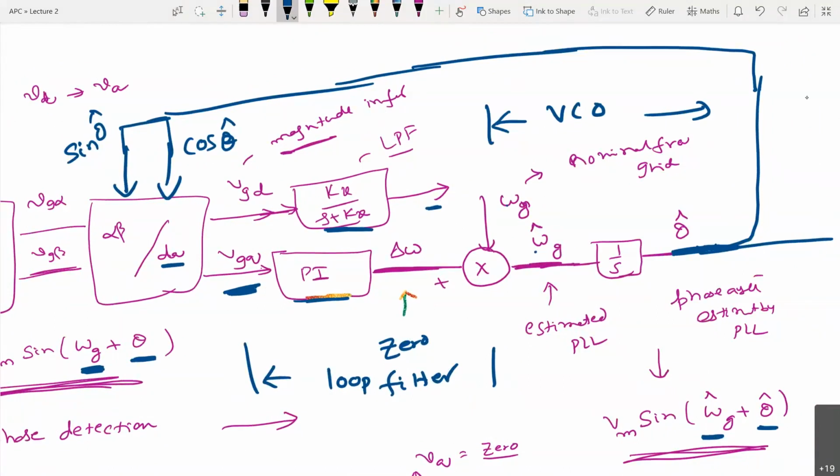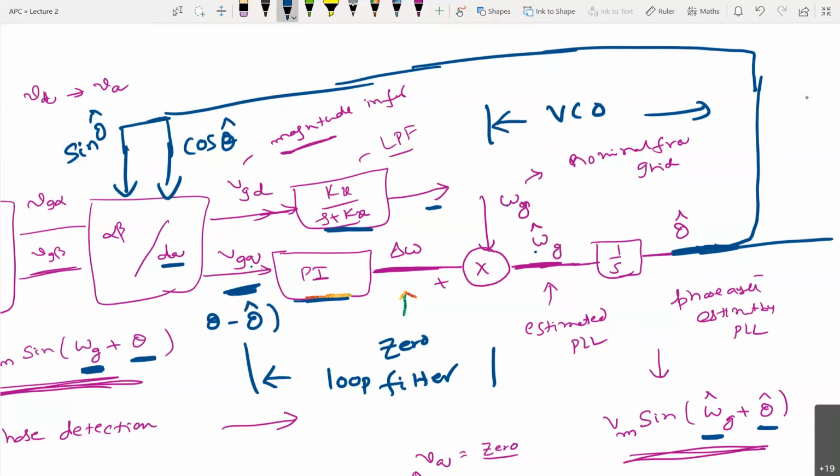That gives you the phase magnitude, either in peak form or in RMS form. Coming to the VDQ, it contains the steady state error between the grid phase angle and the estimated phase angle of the PLL, that is theta minus theta dash.